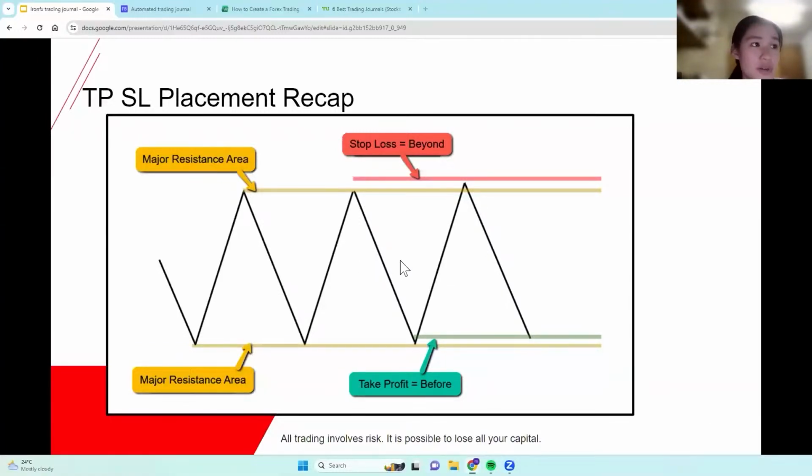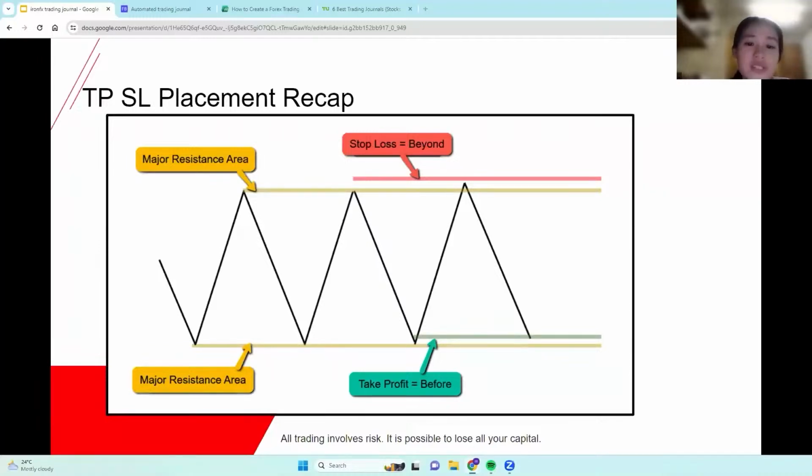In this case, we are going in for a sell since our take profit is below. So since we're going in for a sell, we will place our take profit before any levels. In this case, it will be above any major support level. And for stop loss, we will place it beyond any major resistance level. So in this case, we're placing it above.